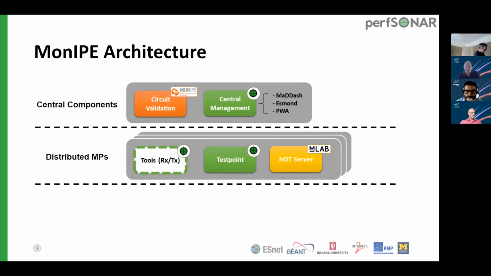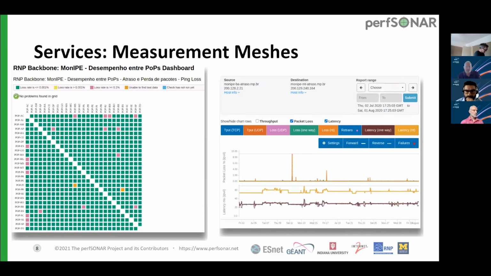There are some specific needs that we currently have. Our services are the normally known perfSONAR measurement meshes. So this one is the ping test that we do from the 27 to 27 points of presence, and this is what we use for our reports.